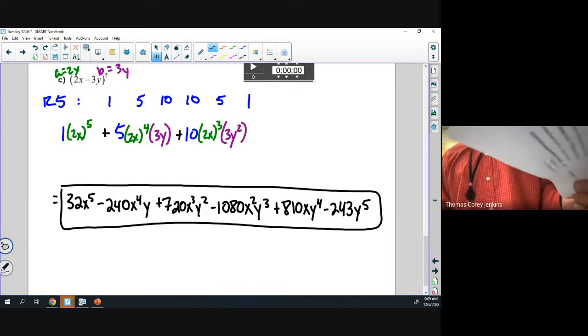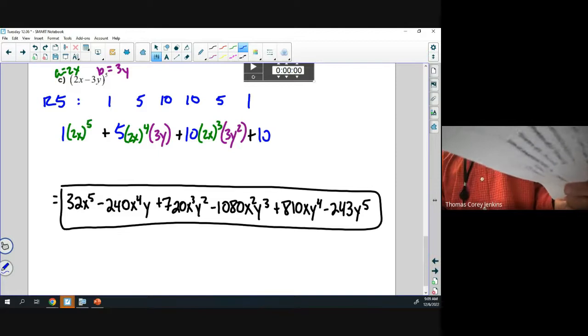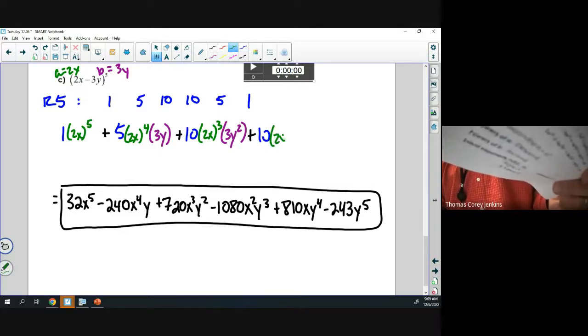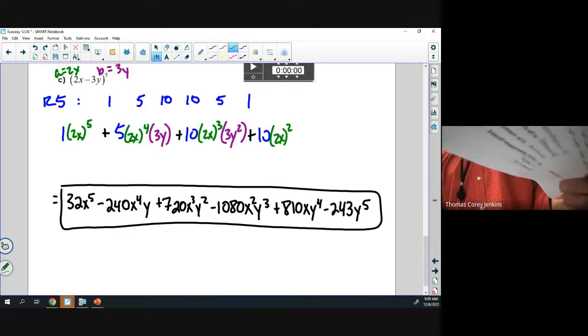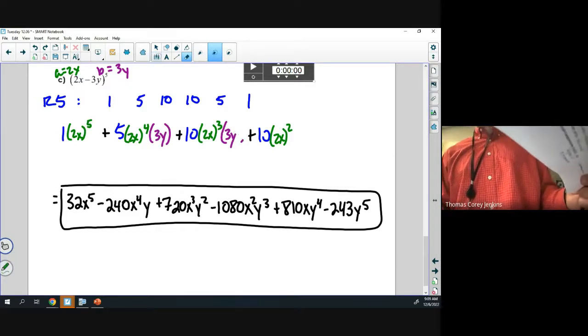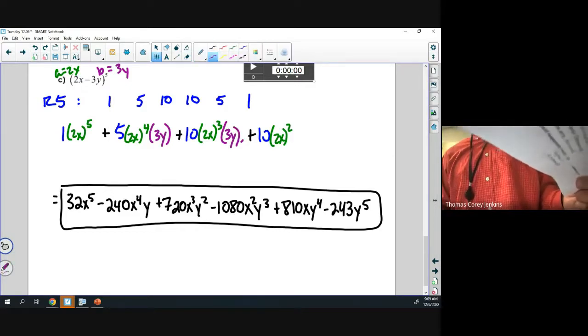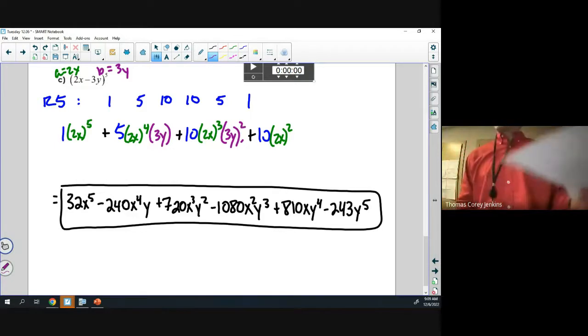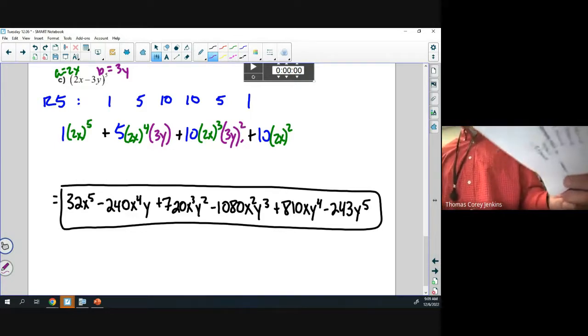Next term is 10 times 2x squared times, sorry, I wrote that last term weird. The exponent goes on the outside. I just realized I wrote that up weird. 2x to the 2nd, and then 3y to the 3rd.